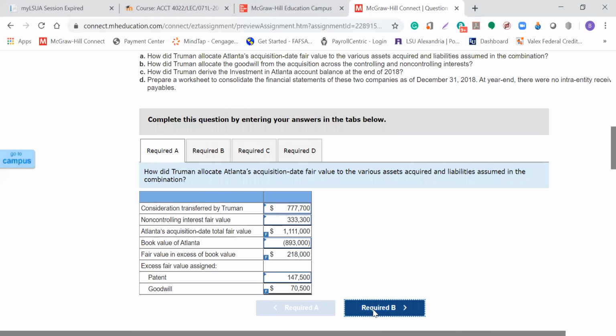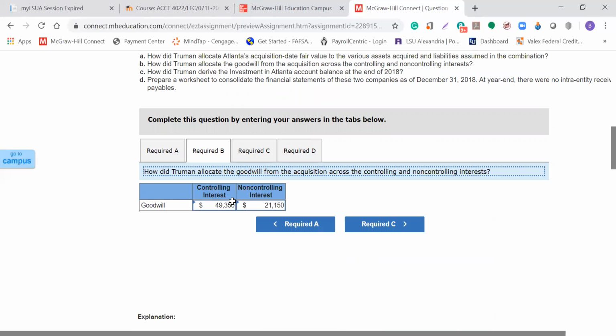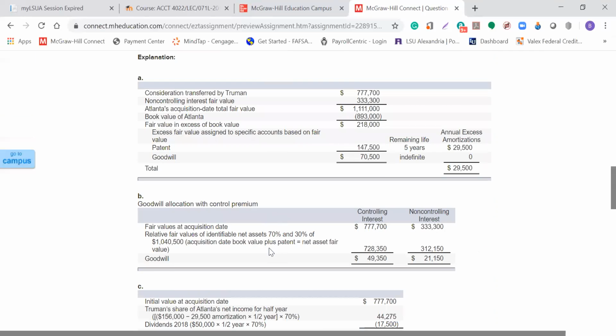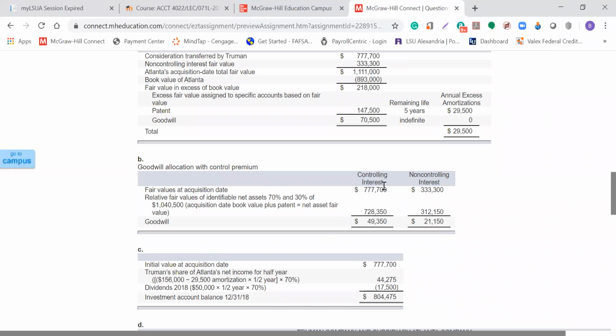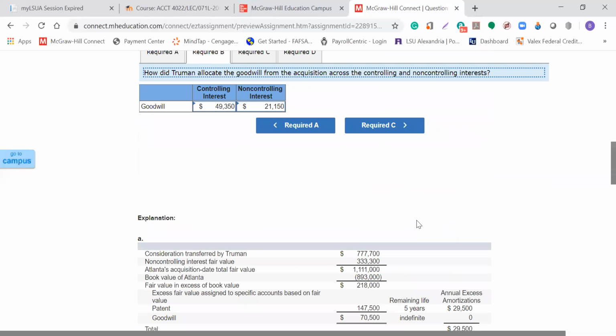For Part B, we look at our controlling and non-controlling interest, which is simply the fair values minus the relative fair values of the identifiable assets at the 70-30 split. That's the $1,040,500. And in this scenario, goodwill is attributable to both the controlling and the non-controlling interest.